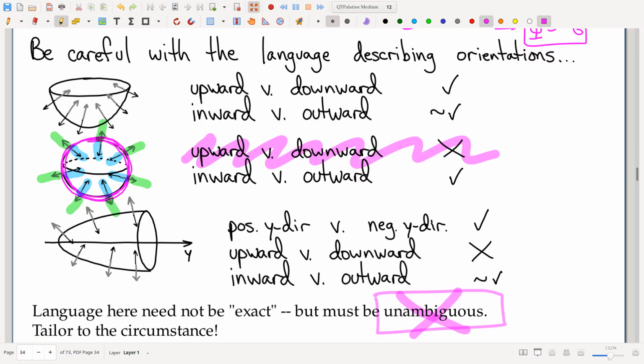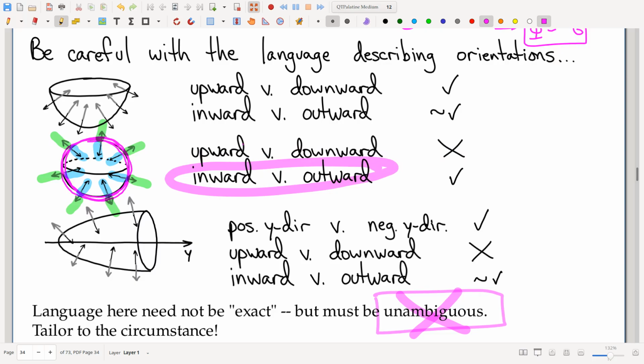If it's the perfect language for the paraboloid, it's unacceptably terrible language for the sphere. On the other hand, inward versus outward, fabulous. No ambiguity. Perfectly clear what that means. Everybody see what I'm talking about? You've got to tailor the language to the geometry of the circumstance. Questions?